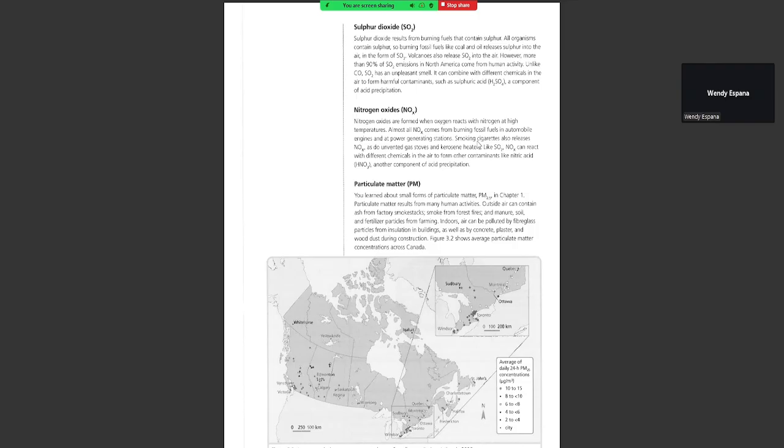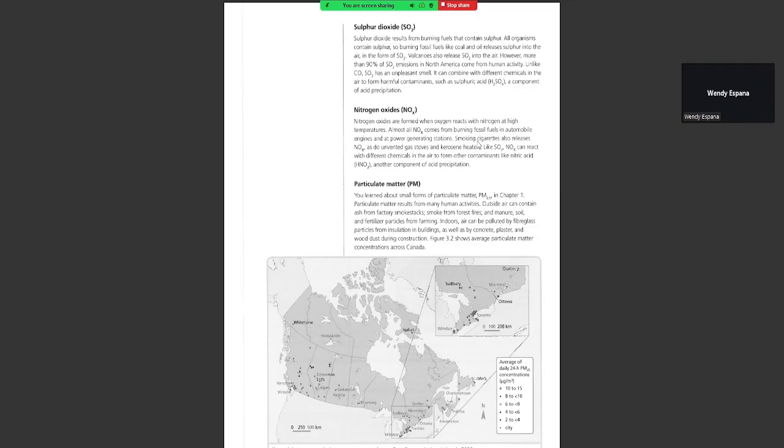Nitrogen oxide or nitrous oxide combines with water in the air, forms nitric acid, and that produces acid rain. It's another component of acid rain. The other one mentioned on page 62 is particulate matter.